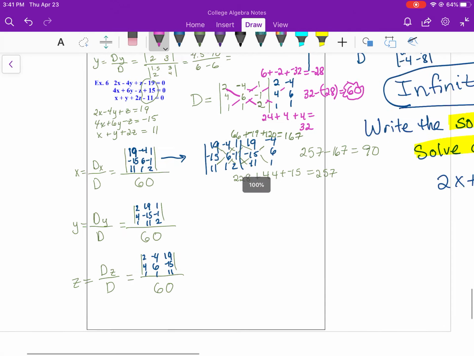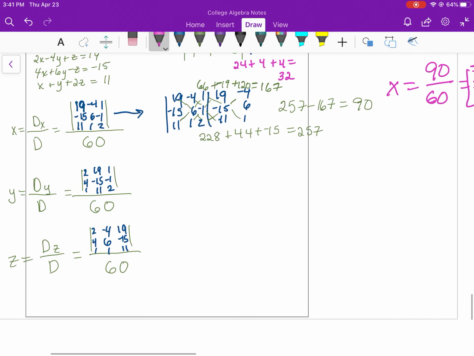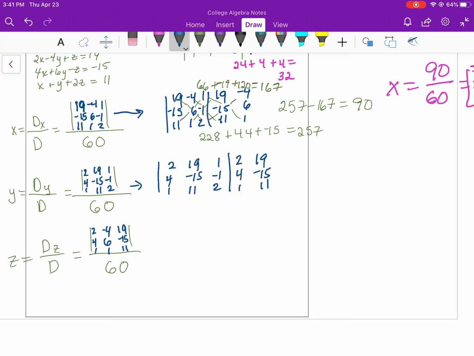Okay, now we're going to go and find y. So I'm going to copy the matrix. Let's see what we can do here. So negative 60 plus negative 19 plus 44. That's negative 35. Come this way.